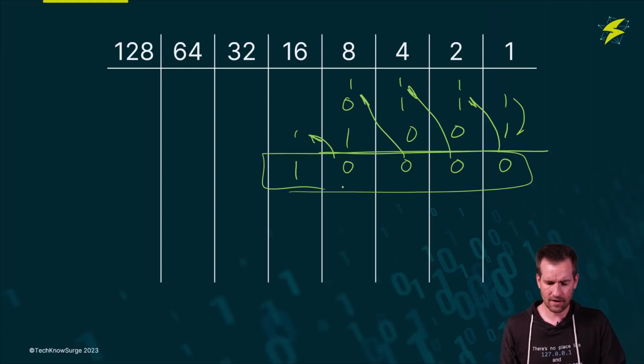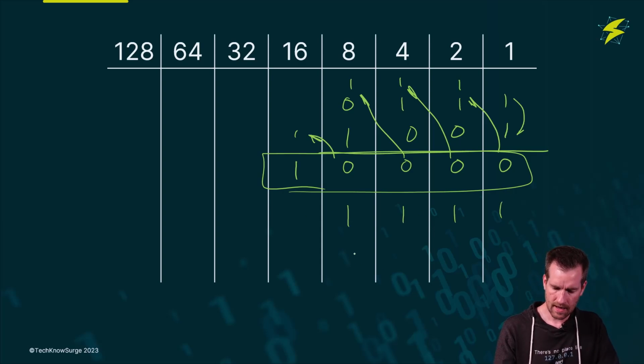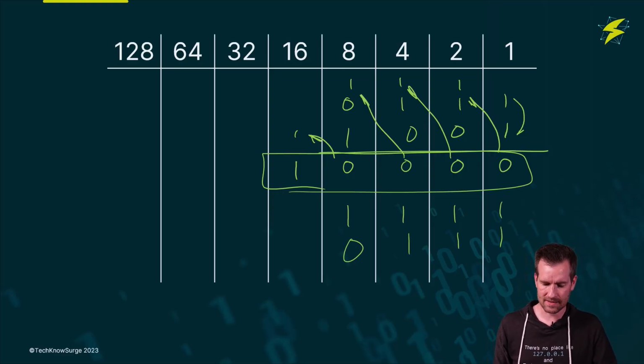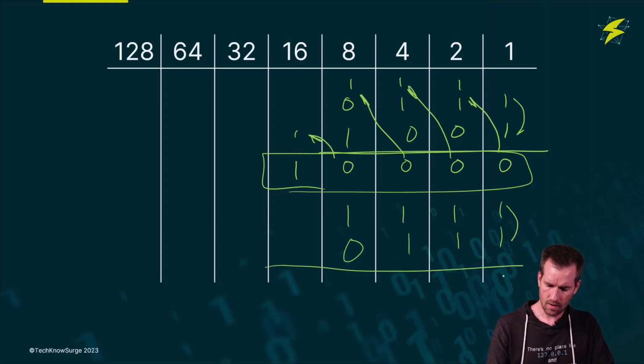One other scenario that I want to show you is if you are carrying. Let's say we have 1, 1, 1, 1, and we'll do a 0, 1, 1, 1. This is going to be a little bit more unique when we do this. So let's take a look and see what the results are from this. So 1 and 1, we're going to say resets that, and we carry a 1.